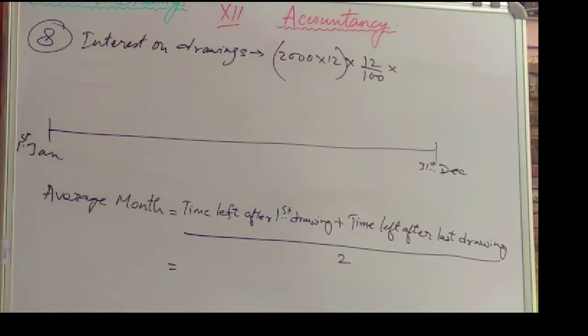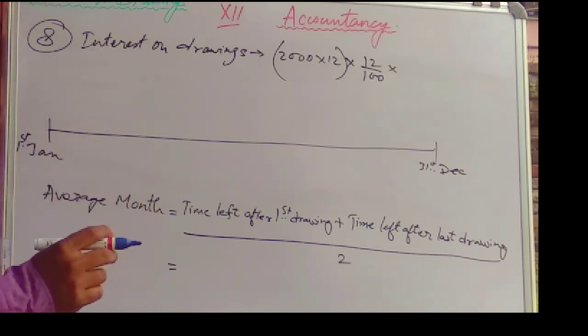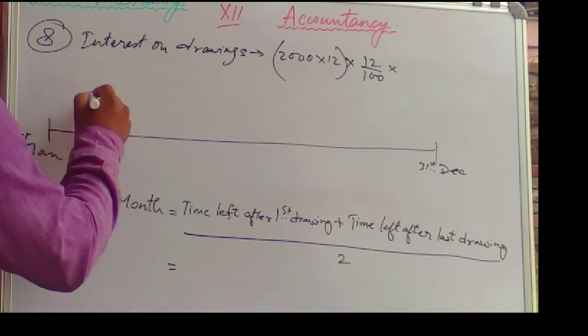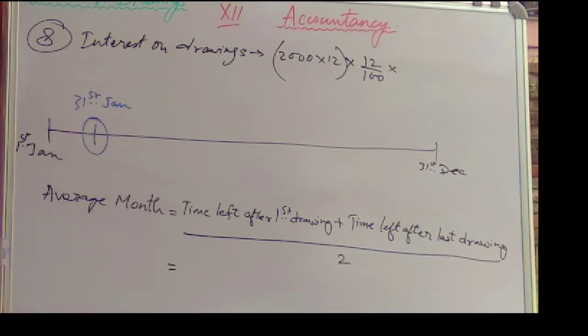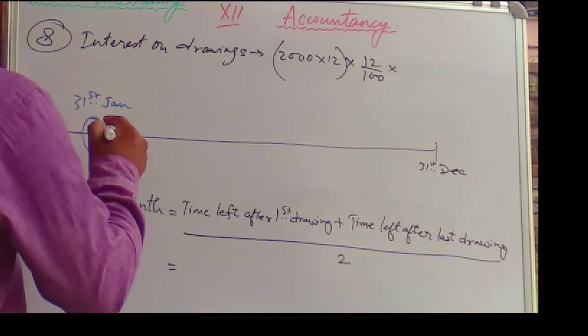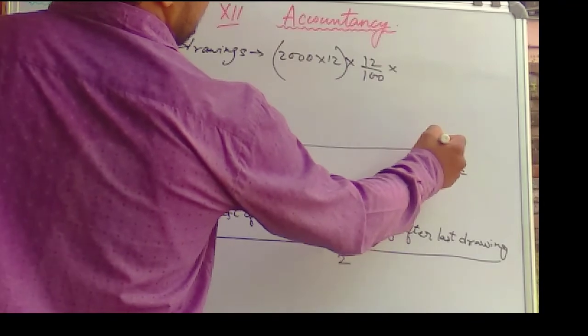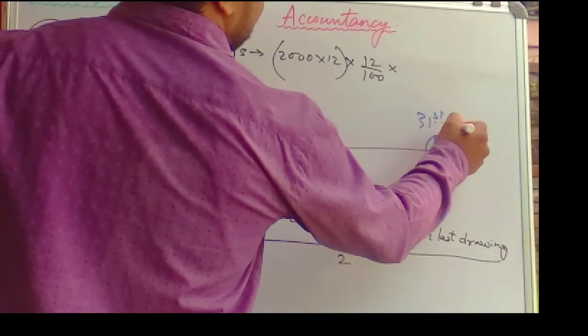So what is the first drawing here, students? Last day of every month. So what is the last day here? 31st January, right? And what is the last day of the last drawing? 31st December.